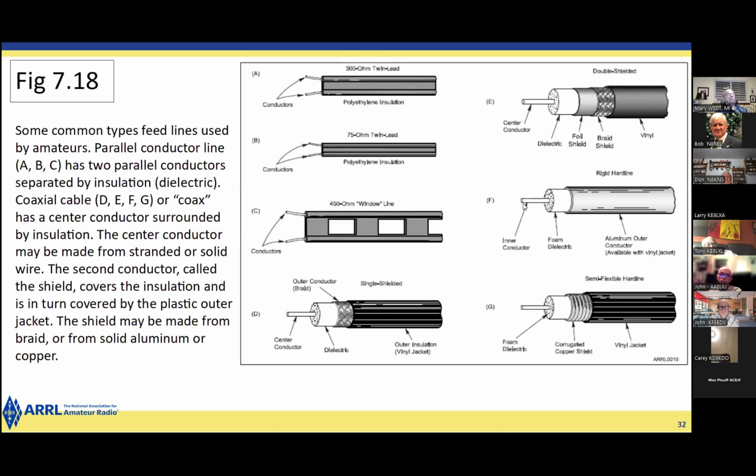Here are some typical ones. Here's window line. Here's twin lead, this TV, 300 ohm.